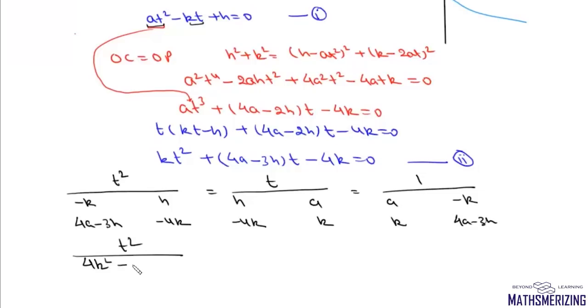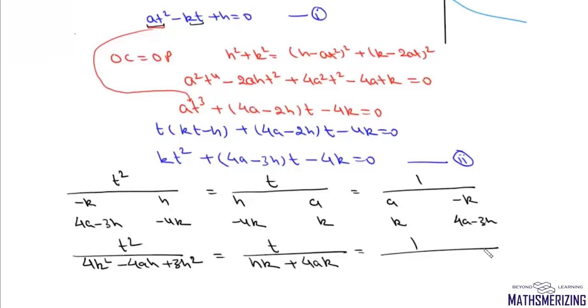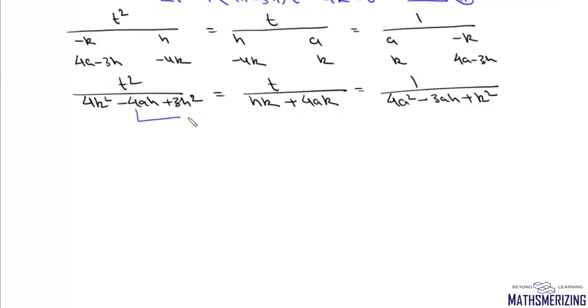So we can write this as t square upon 4k square minus 4ah plus 3h square, and this is t, this is h into k plus 4ak, and here it will be 4a square minus 3ah plus k square. Now we'll equate these first two expressions.